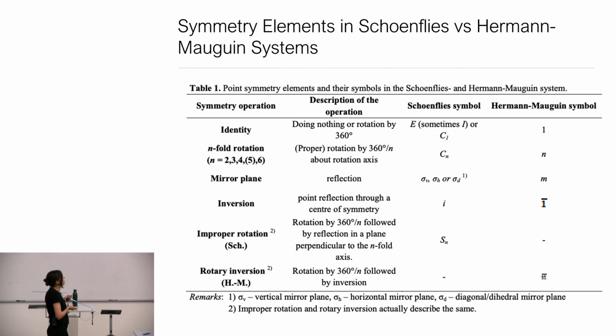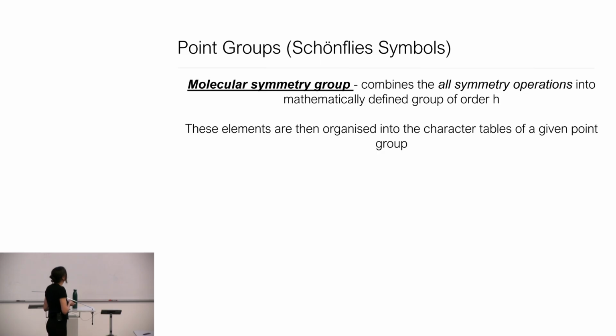For instance, a plane of reflection in the Hermann-Mauguin notation is an m, but there's no distinction between the vertical, horizontal, or sigma D planes, the dihedrals, that we'll talk about later. This is why, from a molecular perspective, we think about it somewhat differently, although there are certainly strong equivalencies.